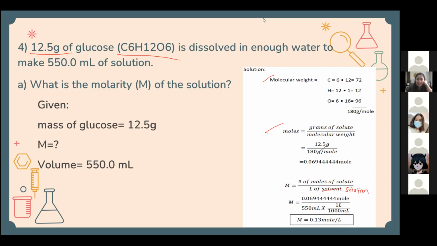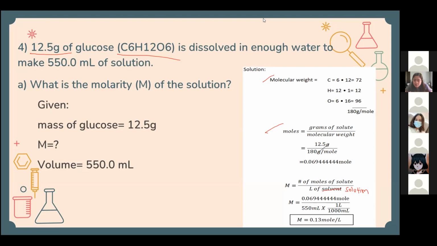But another thing you have to take note of is that liter is what is needed for molarity. So that is the time to convert. You convert 550 mL into liters. Our conversion factor is that in 1 liter, we have 1,000 mL. So 550 divided by 1,000 is 0.55.